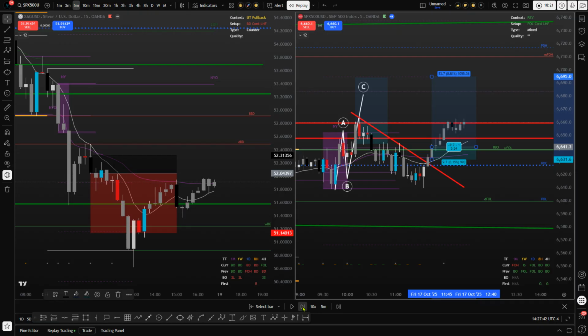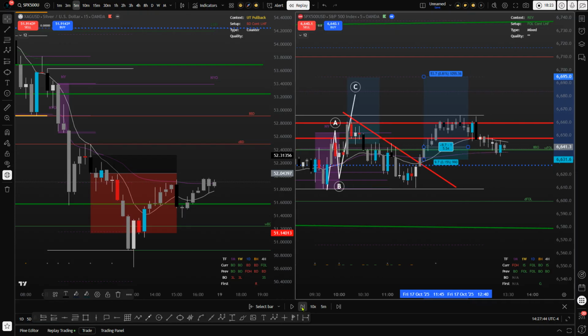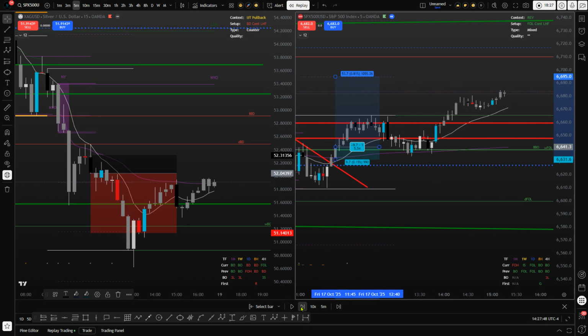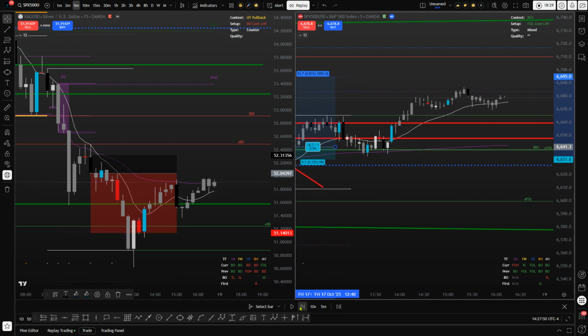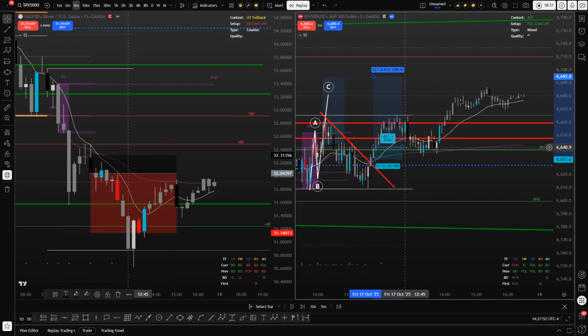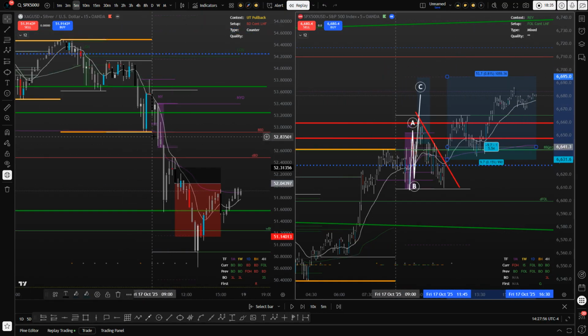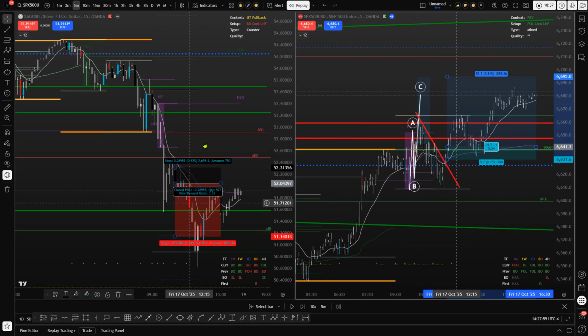Not sure how this one panned out. I think this continued higher, just about. Okay, so anyway, not the sort of trade that I want to be in. Sitting through all of that all day long. I'd much rather have taken that and be done.